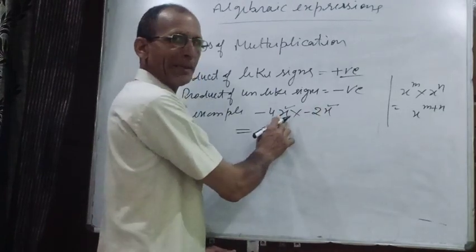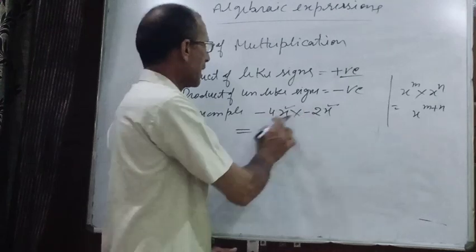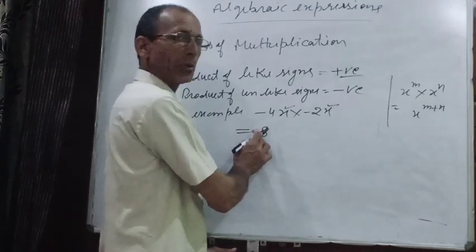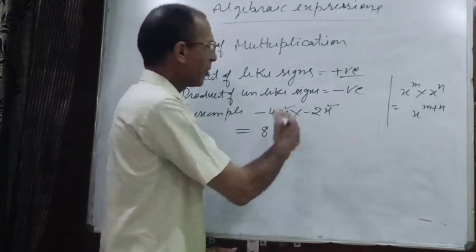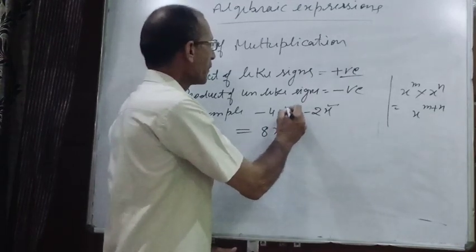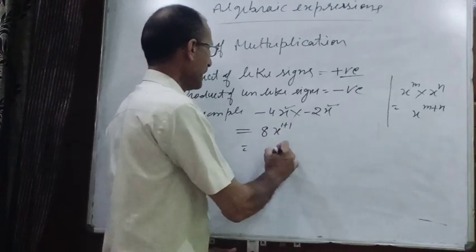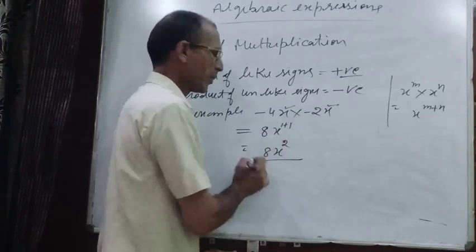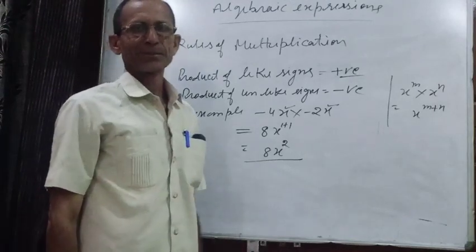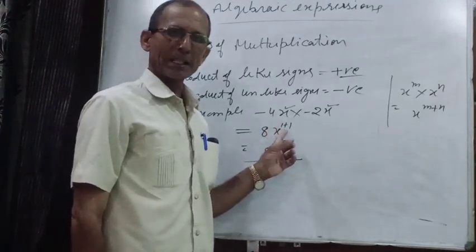You can multiply them separately. First multiply minus 4 with minus 2, 8, then x with x. Or you can also multiply directly. So it will be x power 1 plus 1. So it will be 8x raised to the power 2, or 8x square. Understood? So these are the rules of multiplication.